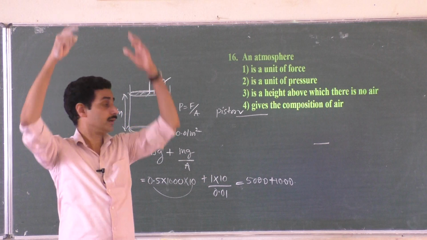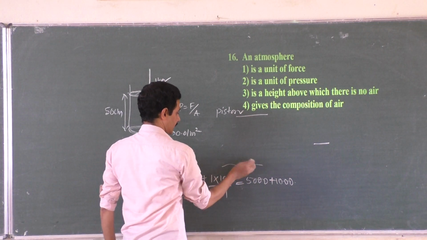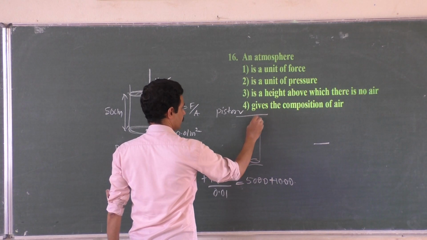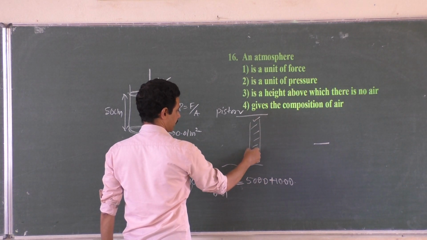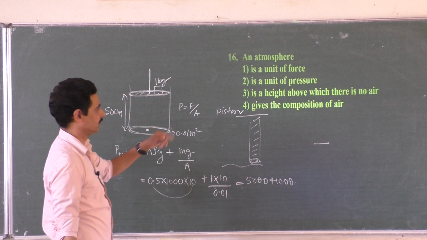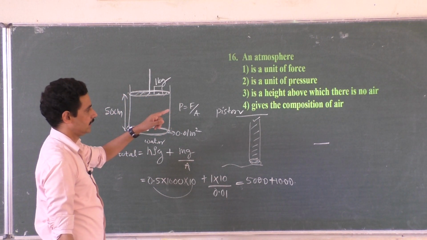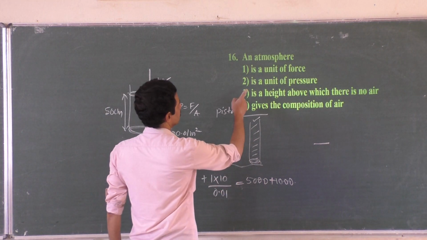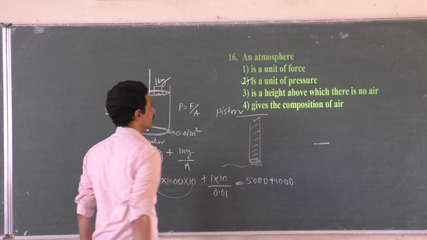So suppose this is the earth, and you take a 1 meter square base, and develop a cylinder up to where you get air. The pressure exerted by all this air on the surface of the earth is 1 atmospheric pressure at sea level, so the answer is atmosphere, a unit of pressure.